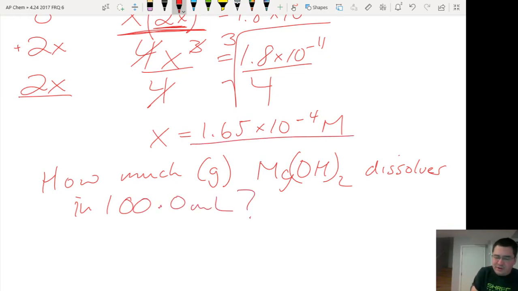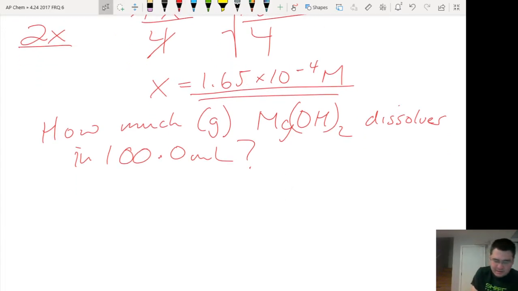So we know that at equilibrium, that's the final concentration, right? That's the concentration of magnesium. So you need to now back out moles and then mass, right? So how do I convert molar into moles? Isn't it you multiply it. Multiply it by what?